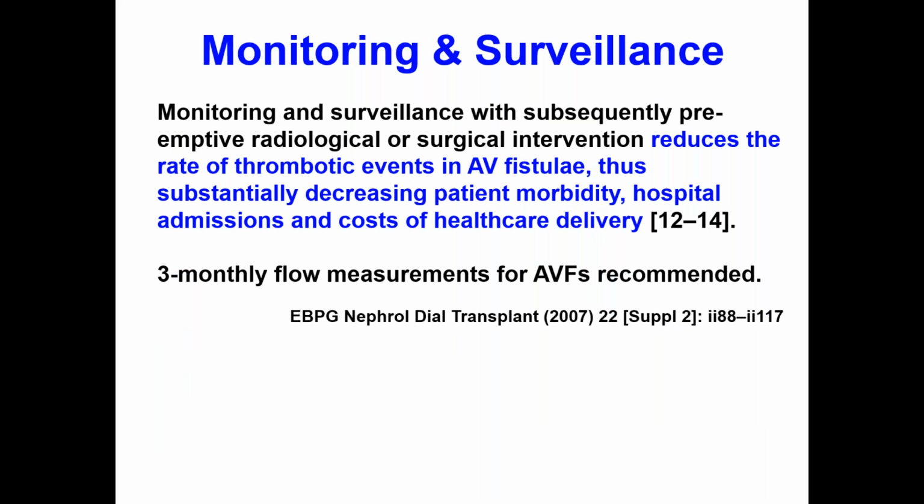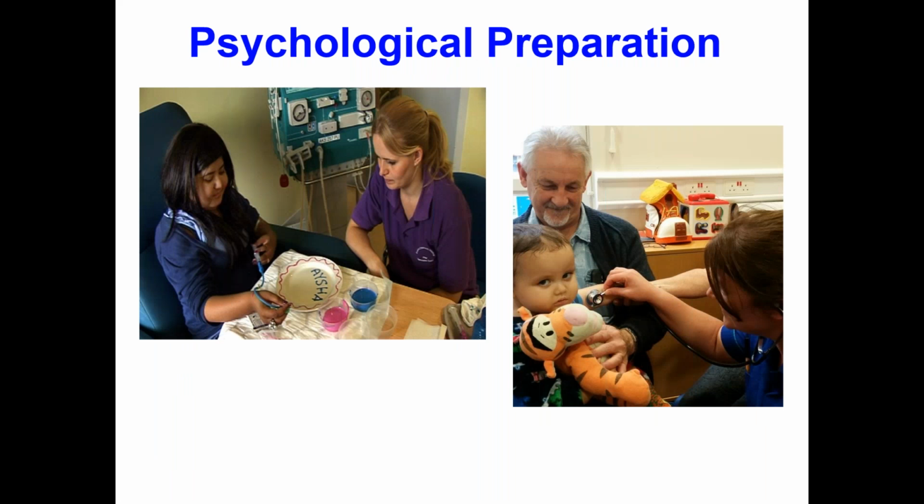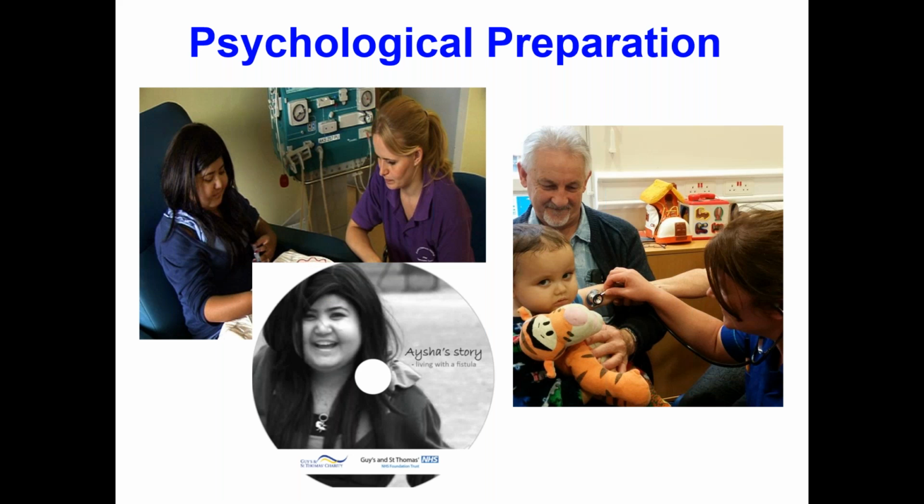So psychological preparation for access is an extremely important factor and clearly depends on the age of the patient and their requirements. We have a DVD which is actually available online on YouTube as well, with this girl talking about her story with a fistula and how advantageous it was.